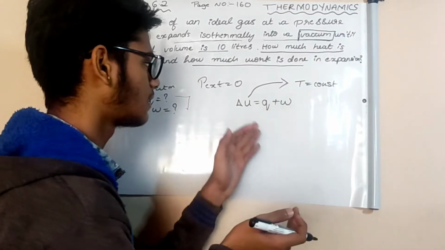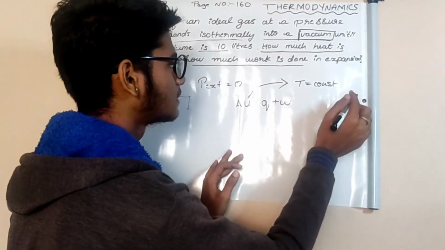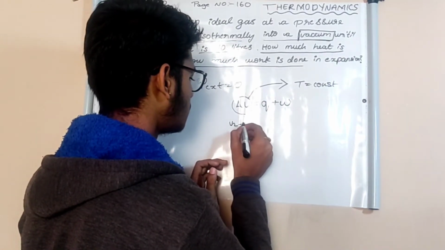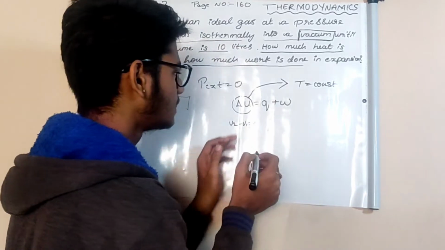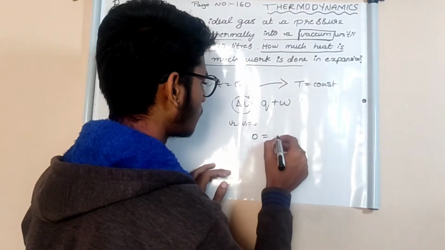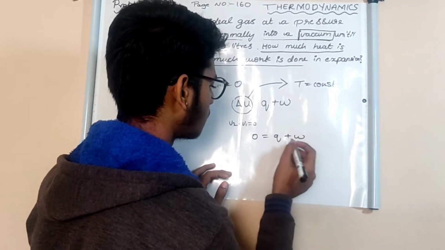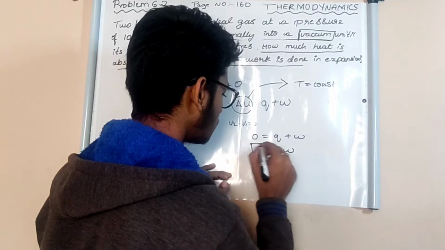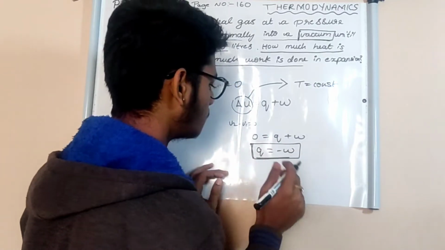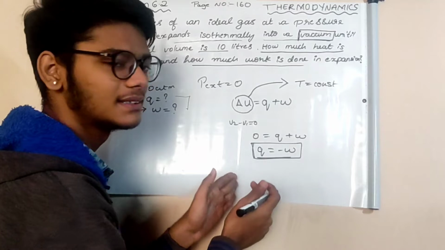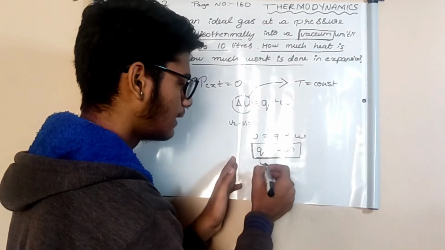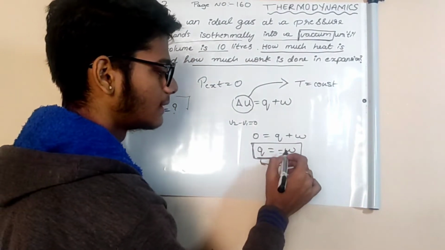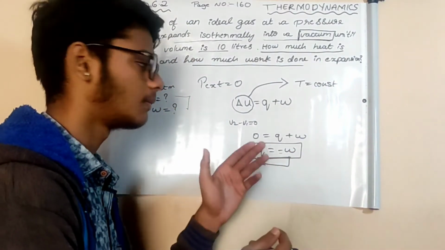As temperature increases, internal energy increases, but temperature is constant. So change in internal energy, U2 minus U1, is equal to 0. Change in internal energy is 0. Therefore Q plus W equals 0. Bring this W this side, Q equals minus W. This is the relation. This means that how much heat is supplied, that much work is also done by the system. Minus indicates work is done by the system.